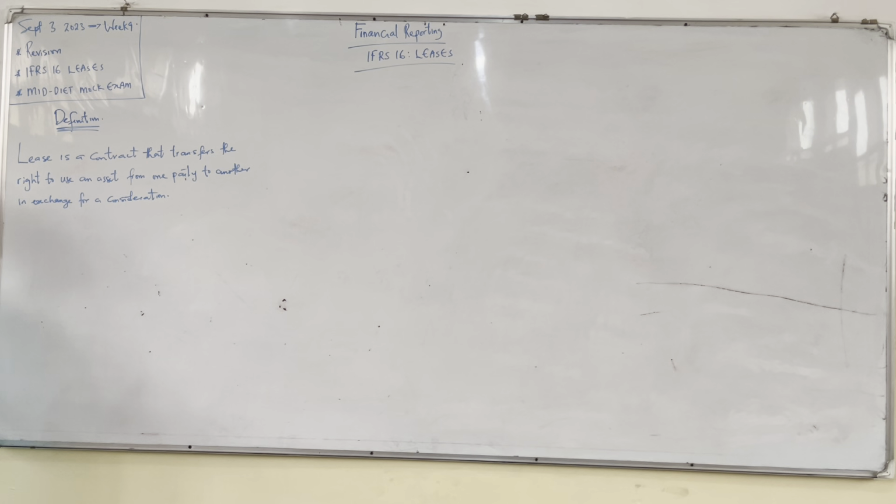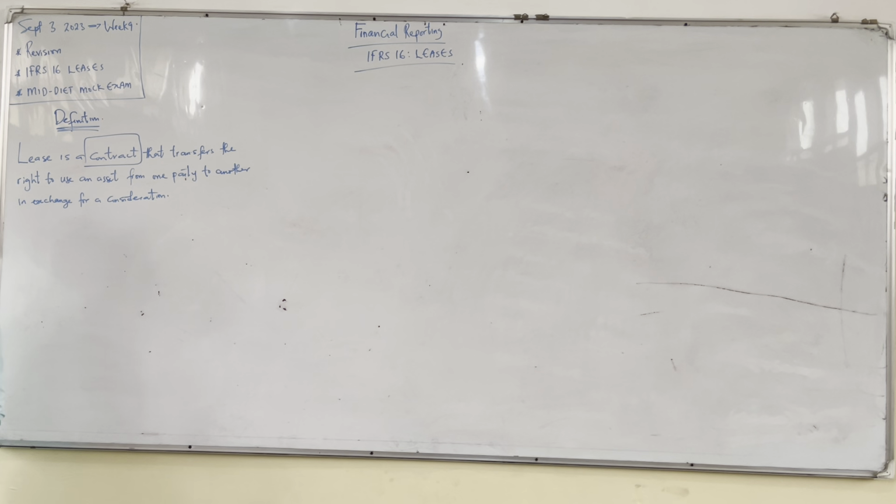But the key thing here in this definition is that a lease is a contract. That's the first thing. There must be a contract in place. That's extremely important. So when we talk about lease in the context of IFRS 16, it has to be a contract.